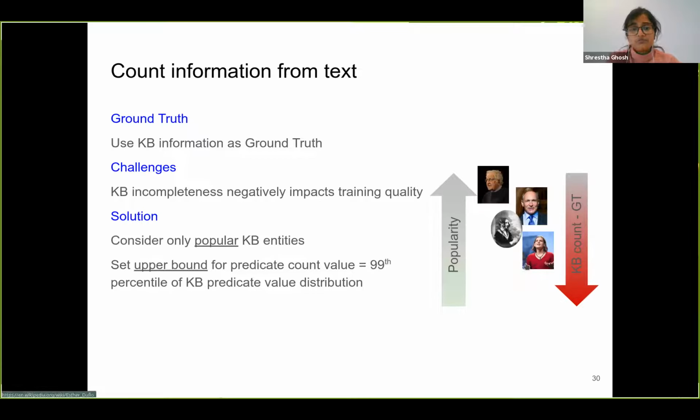So the popularity can be predicted by multiple signals, and you set a threshold there. And also only look into entities which have the predicate count within a certain percentile of the knowledge base distribution for that particular predicate. And this is repeated for all the predicates that we are after.